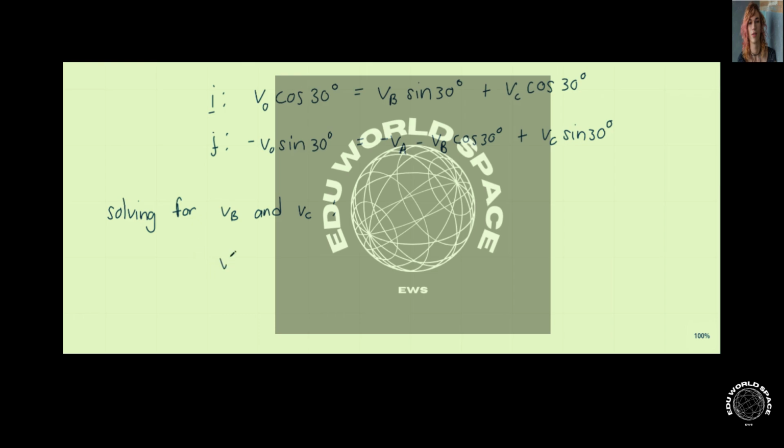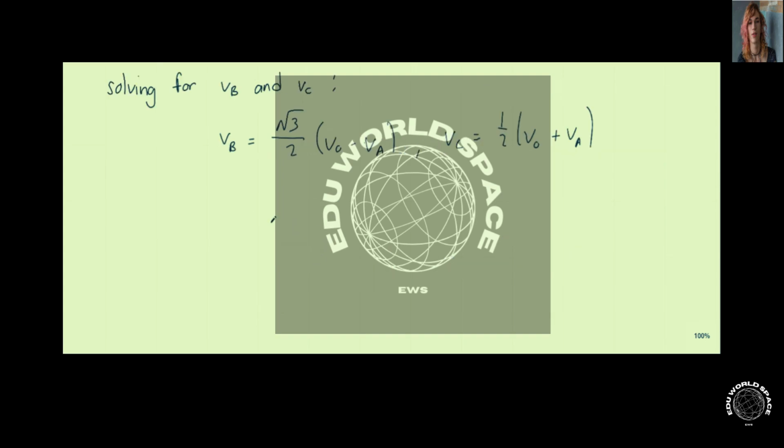And we get that VB in terms of VA is equal to the square root of 3 over 2 into V0 minus VA. And VC is equal to a half into V0 plus VA. So we have VB and VC in terms of VA.